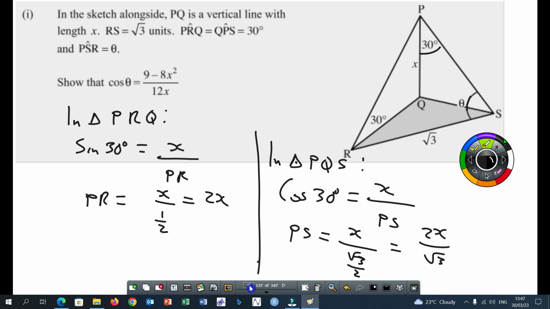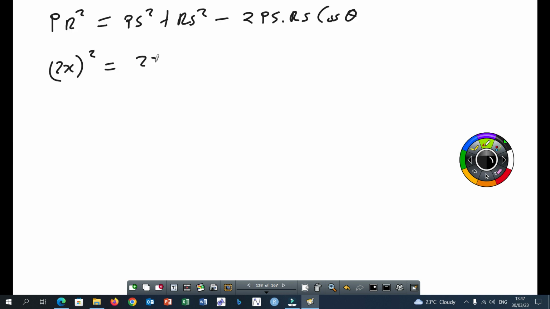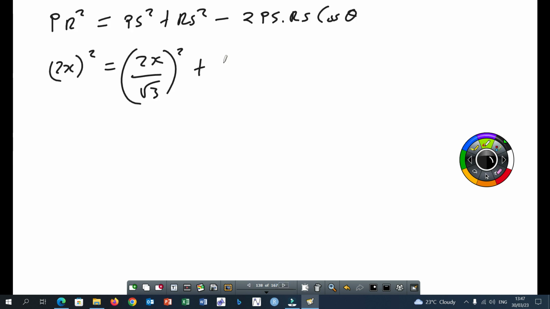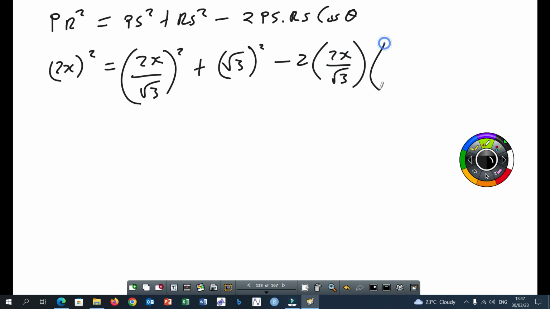PS, we have got it there, it's 2x over root 3, so that will be 2x over square root of 3 squared, plus RS, which is given there as root 3, so that will be root 3 squared, minus 2 times 2x over root 3 times RS, which is root 3, times cos theta.